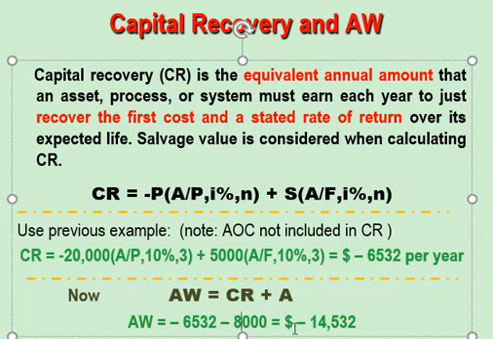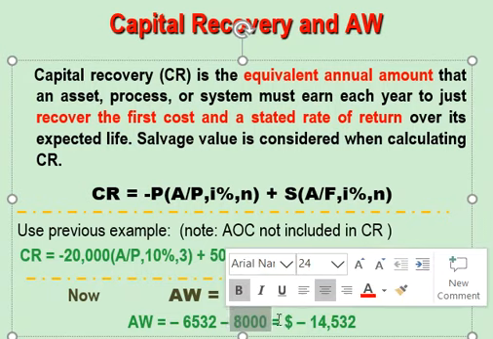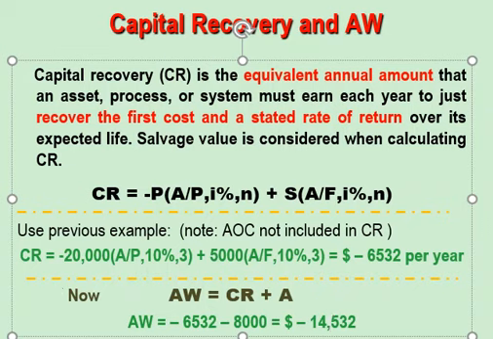So here they have $8,000, which they consider maintenance. So now I know I have to pay $14,000 every year, which is the payment of the machine per year and the maintenance.